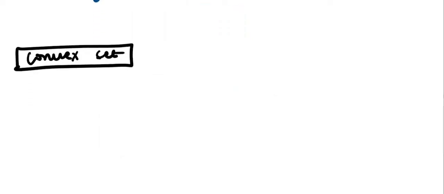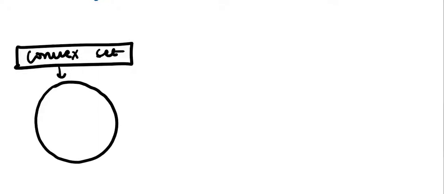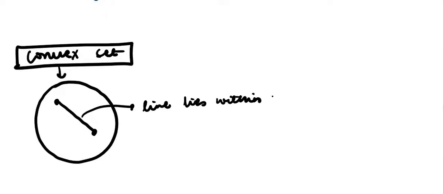In order to understand that, we must know the definition of convex set. What is a convex set? A convex set is any set such that you take 2 points in the set, you join them by a line, and that line lies within the set. If this is true, then it is called a convex set.